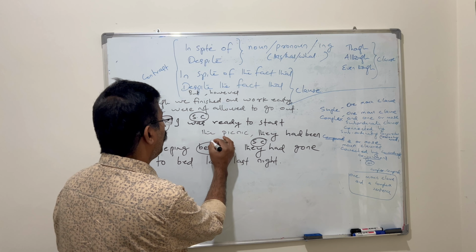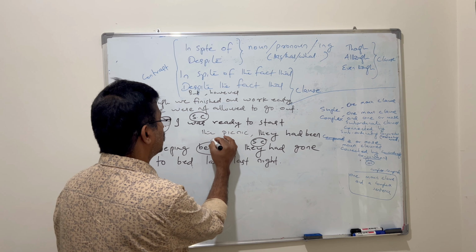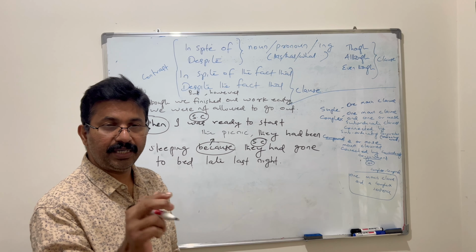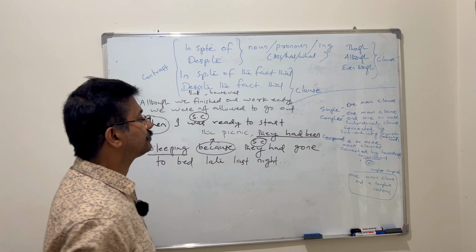"Because" is called a subordinating conjunction. "When" is called another subordinating conjunction. So we have got two subordinating conjunctions and there must be one main clause. The main clause is they had been sleeping.